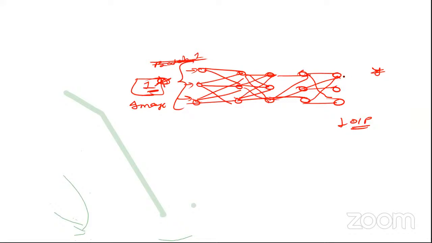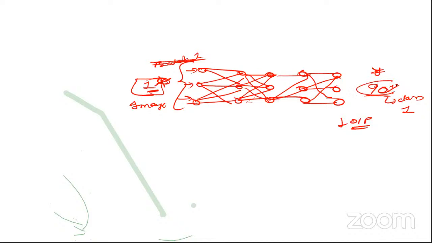Let's say 90% probability that this image belongs to class 1. But actually this image belongs to class 1, so the model should be 100% confident. It means there is some error.